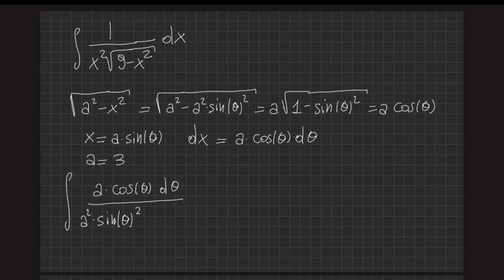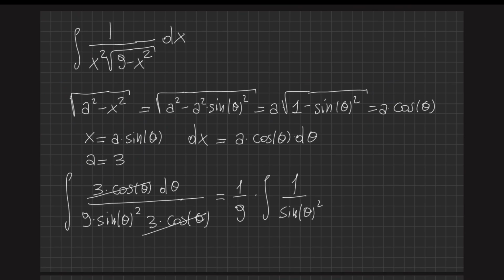So it's going to be only 3 times the cosine of theta. Oh, look here. So this a is actually a 3, and this a squared is actually a 9. Oh, great. So 3 cos theta and 3 cos theta, they do simplify. So this is 1 over 9 times the integral of 1 over the sine of theta squared d theta plus a constant.